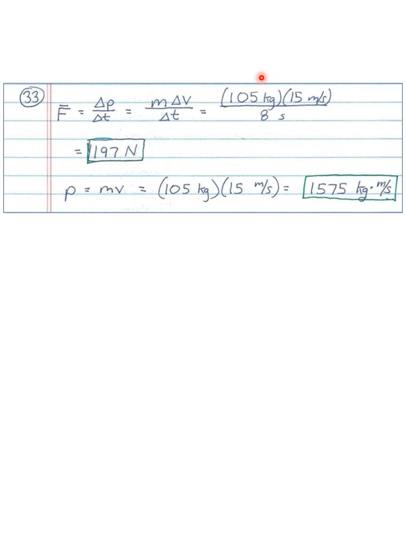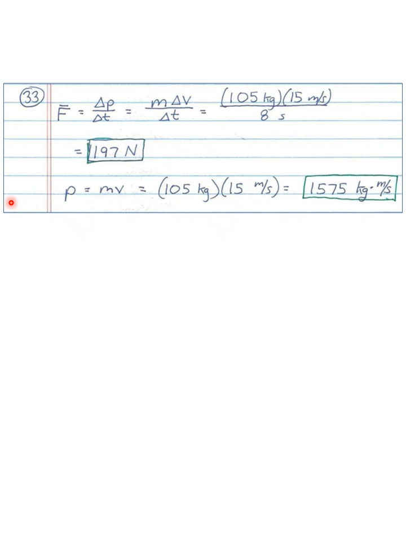It says to go to 15 meters per second, and the inferred in there is that it's coming from rest. And so times 15 meters per second is the change, doing it in 8 seconds. And so we get 197 newtons.